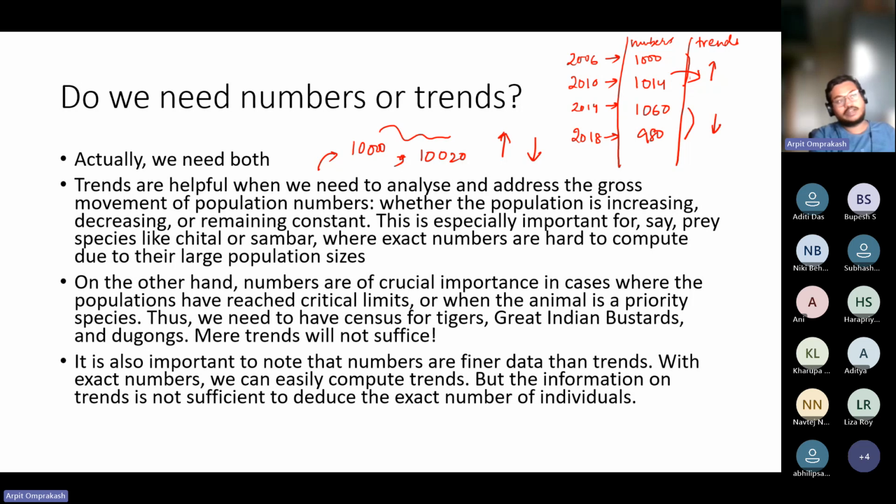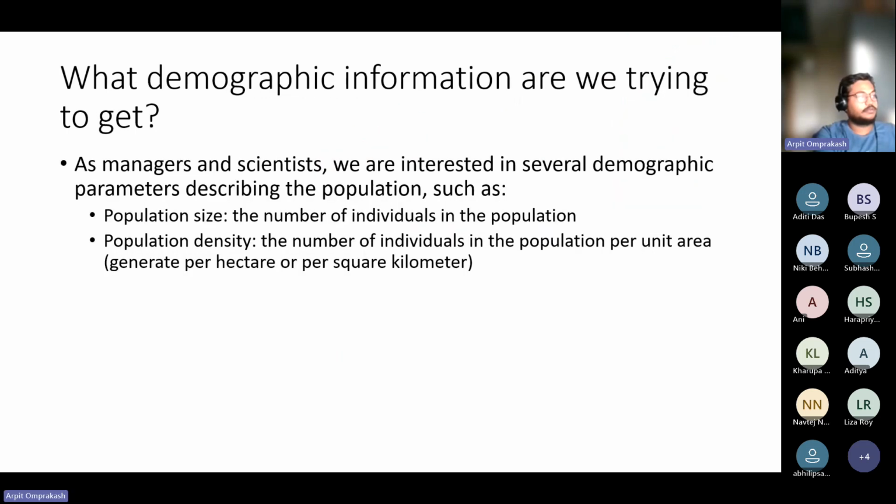So from numbers, we can get at trends, but we cannot use trends to go back into numbers. So numbers are finer data and trends are more coarse data. And we can use numbers to get at trends, but we cannot do the vice versa. Right.